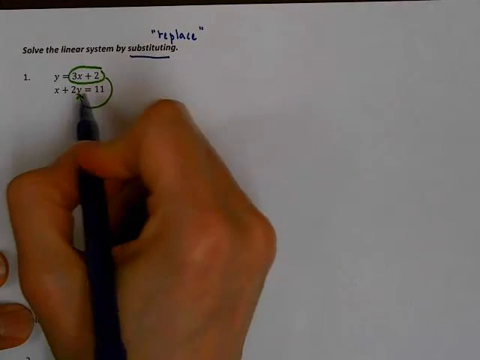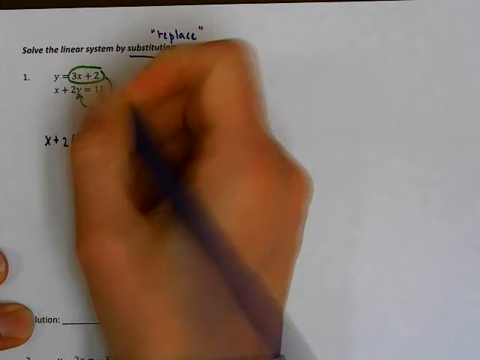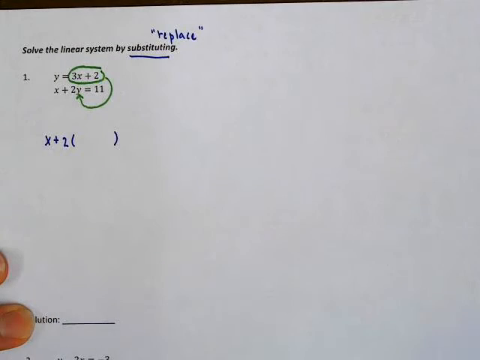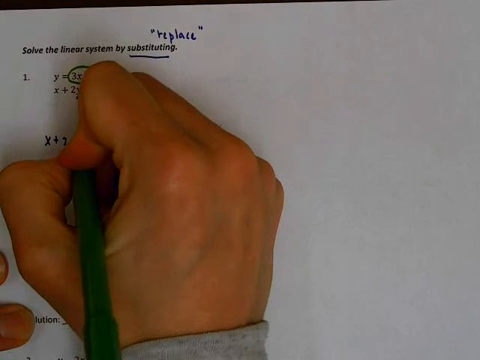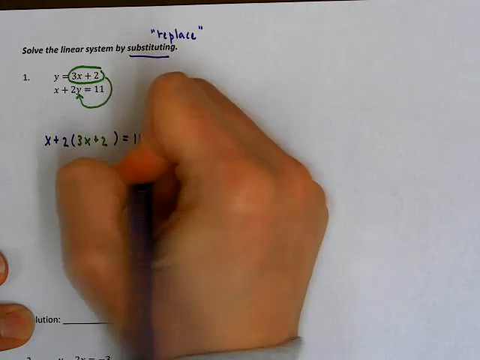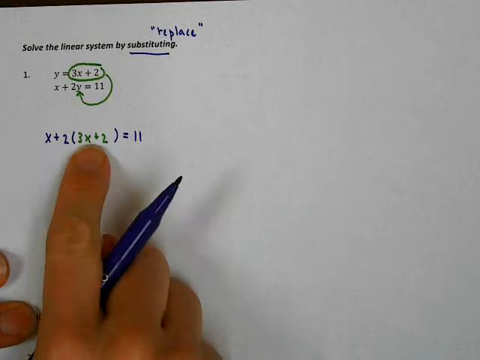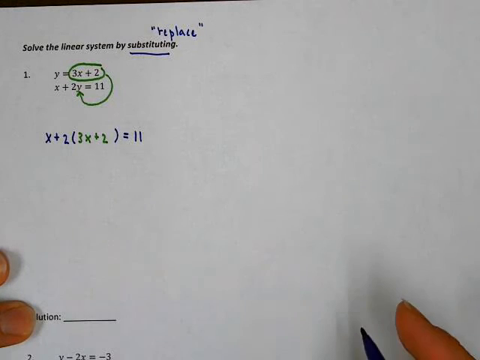I'm going to take that second equation, x plus 2 times, now I'm going to have to use parentheses here. I know that y is 3x plus 2, and that should equal 11. So now we've got an equation. It just has one variable, x, and we need to solve for x.